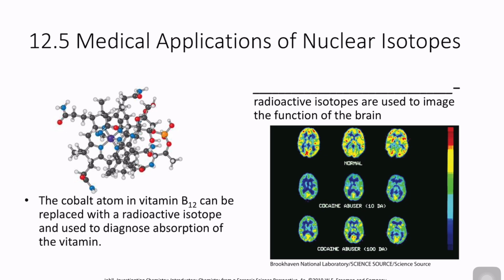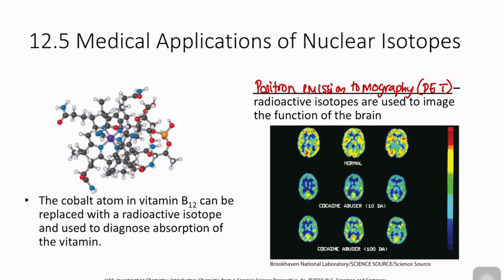The positron emission tomography, which is a PET scan, utilizes radioactive isotopes to get an image, and the image can provide you with the function of the brain.